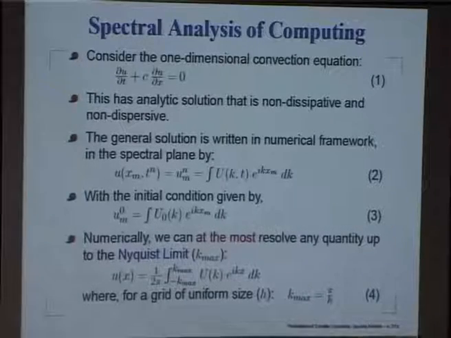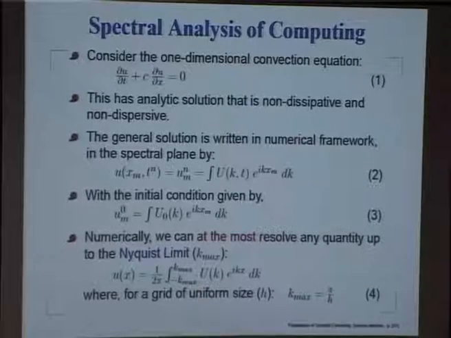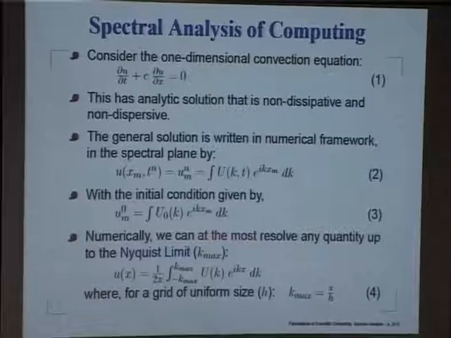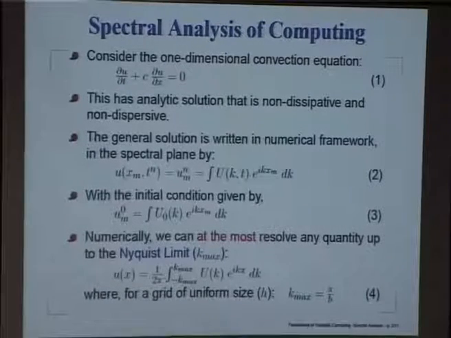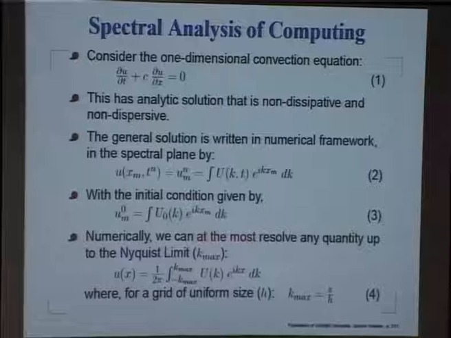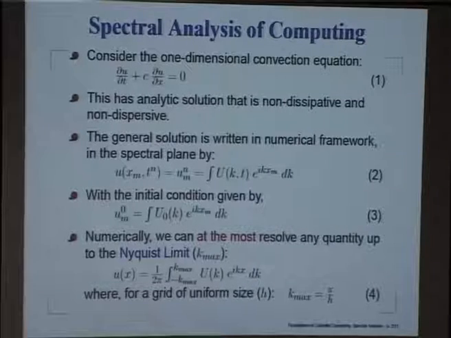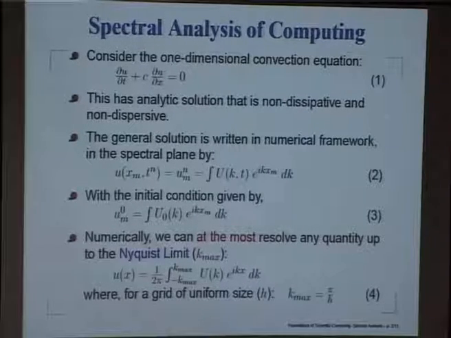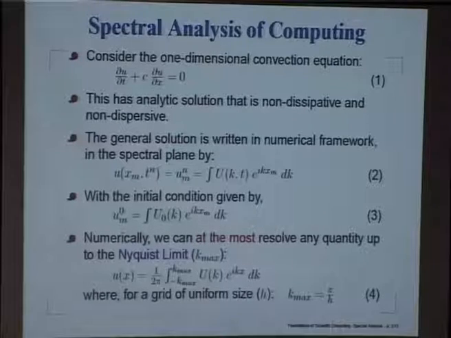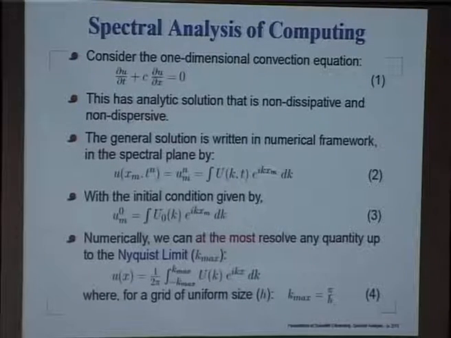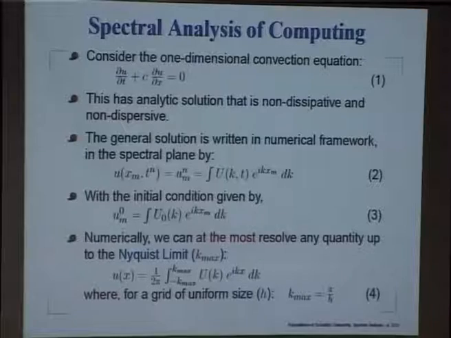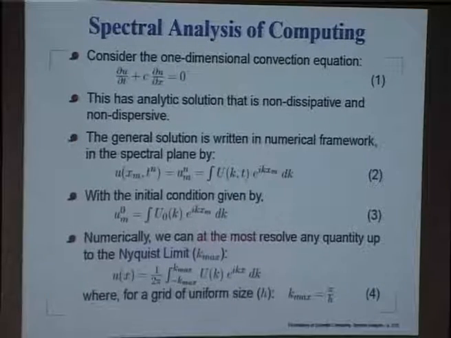Now, what we would like to do is represent the solution in a discrete plane, right. So, the points are at discrete x locations, which I have indicated by u of x_m, and let us say we are defining the solutions at discrete times, which I have indicated by t superscript n.